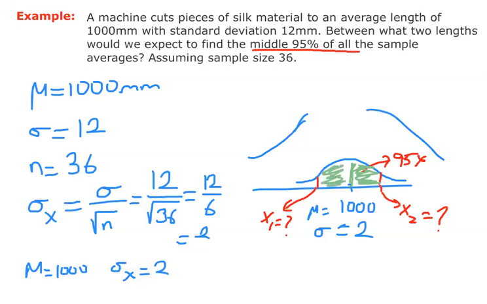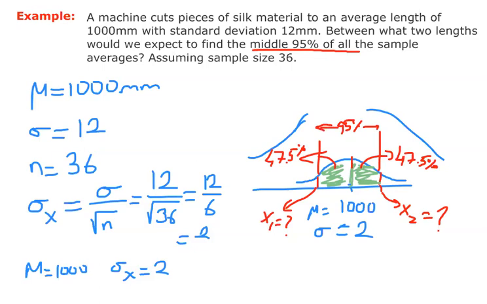This whole thing is 95%. So the half of it is going to be 47.5%, and this part is 47.5%.